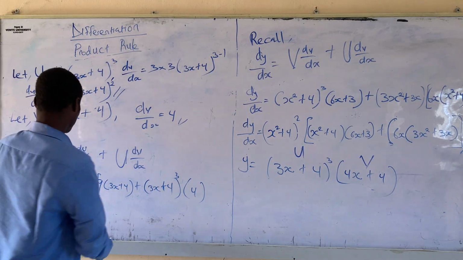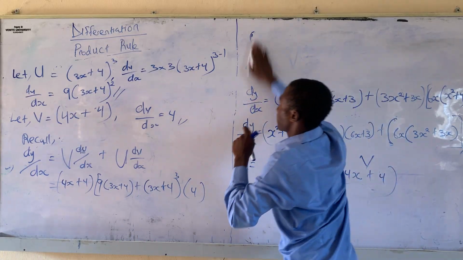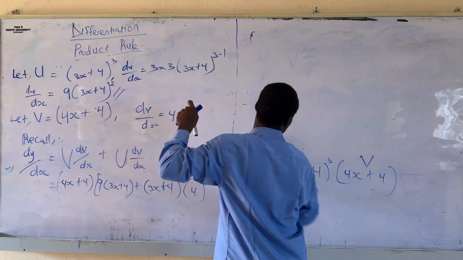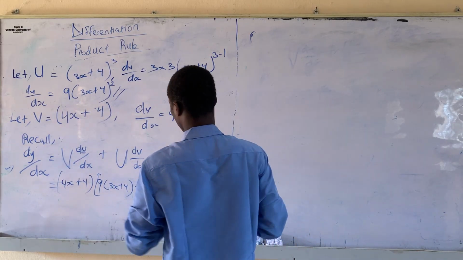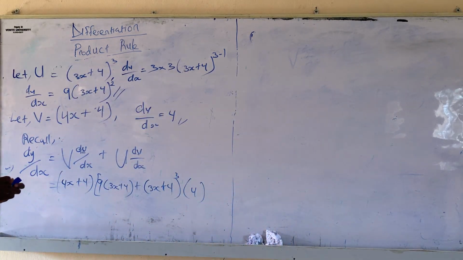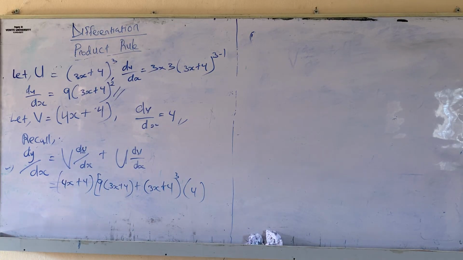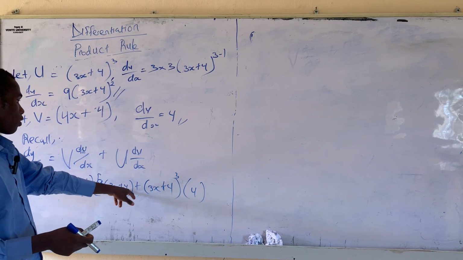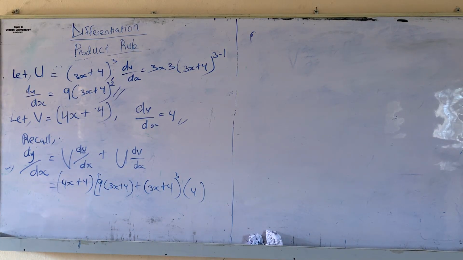Now, in this case, we have to factorize this. Then the common factor here is 3x plus 4 and 3x plus 4 raised to power 3.